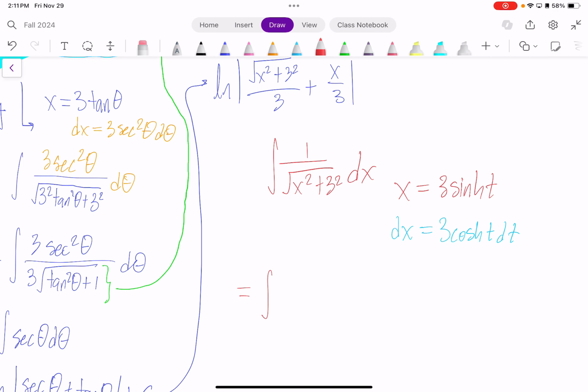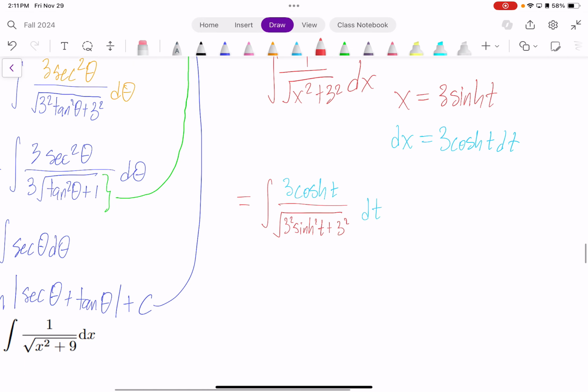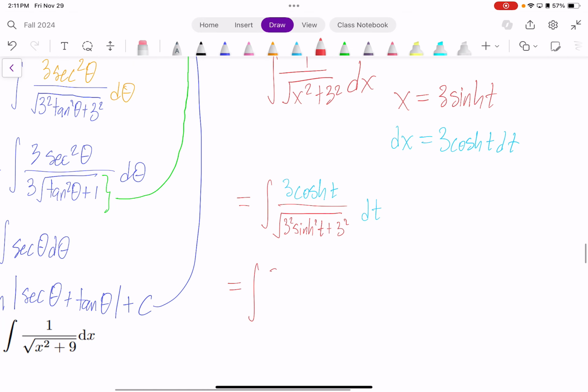So let's substitute back in. So here, this will be the integral of 3 cosh of t dt, all divided by, now if we're taking the root of 3 squared sinh squared t plus 3 squared, same thing's going to happen.